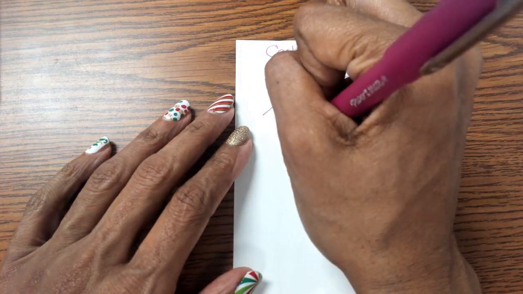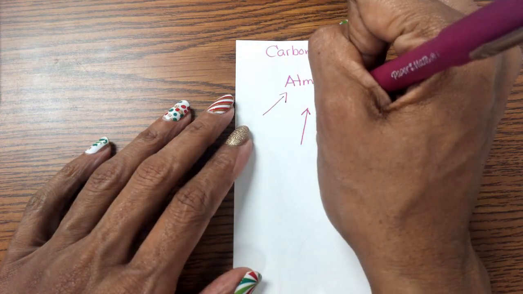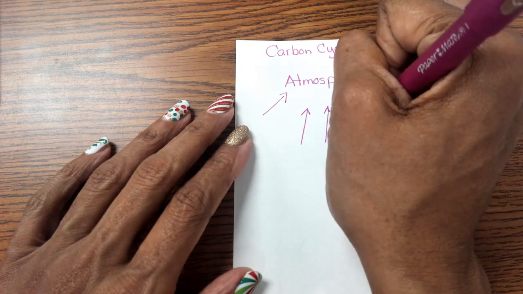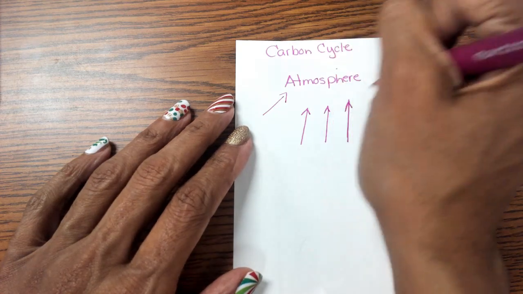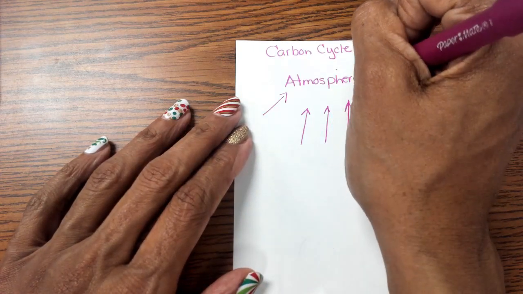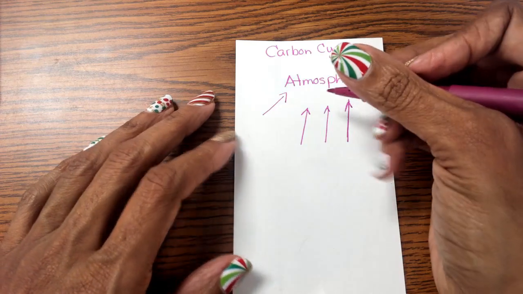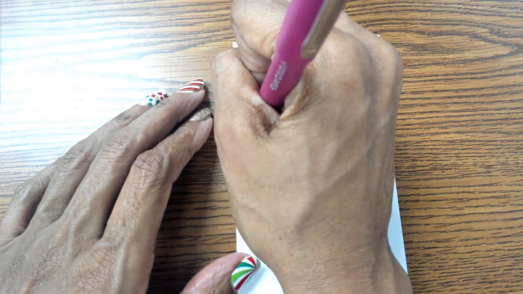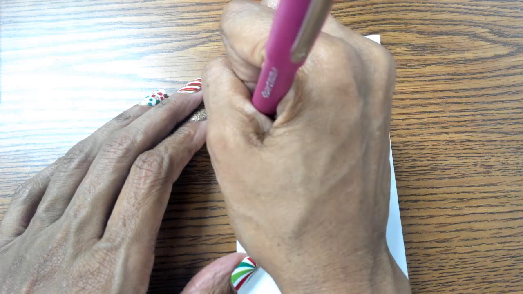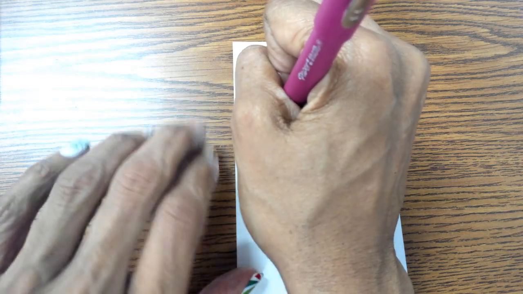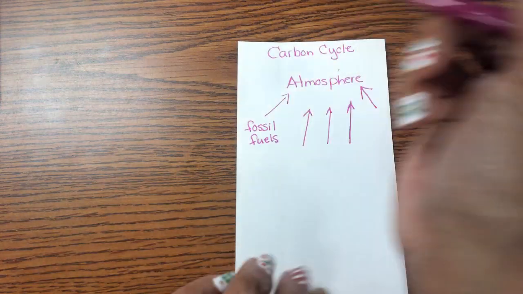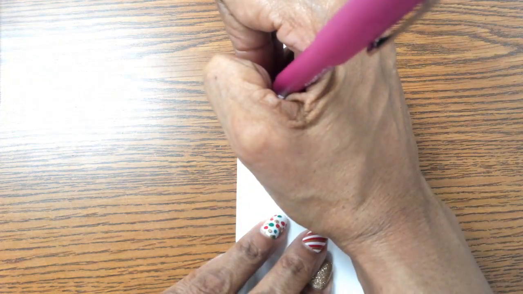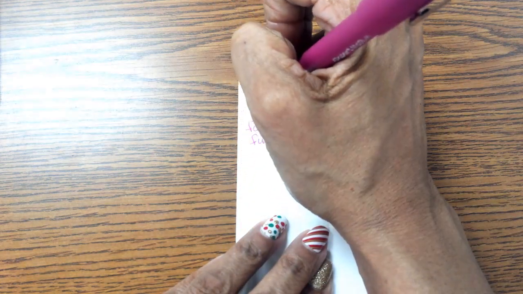I'm going to draw 3 arrows in the middle. And we draw an arrow on the side. Okay, so ways carbon gets into the atmosphere. You have fossil fuels. Okay, and that gets into the atmosphere by burning.